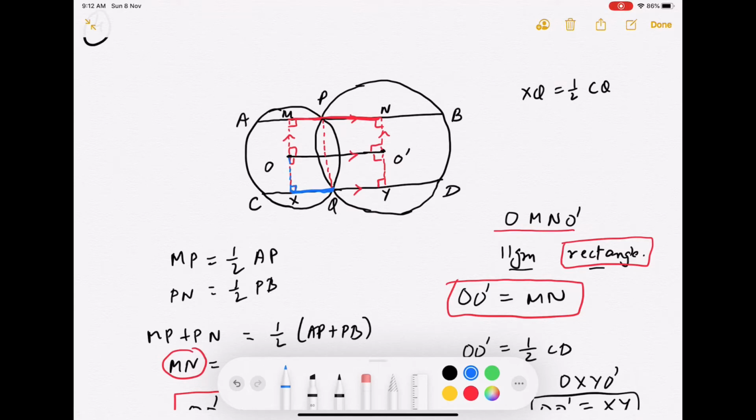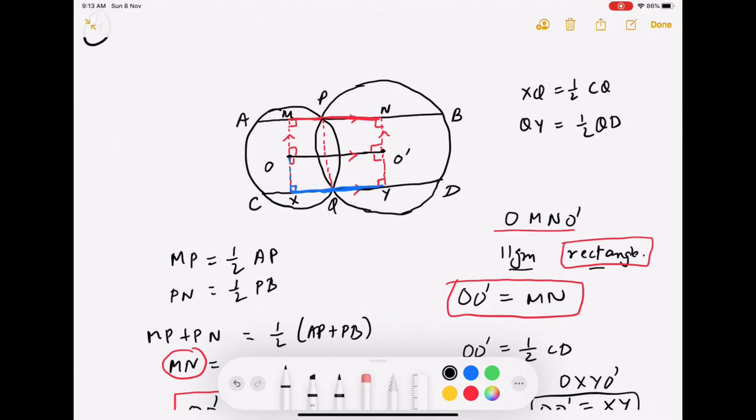Similarly, for the other circle, with center O dash, since O dash Y is perpendicular to QD, therefore this smaller part QY will be half of the chord QD. So QY is actually half of QD.